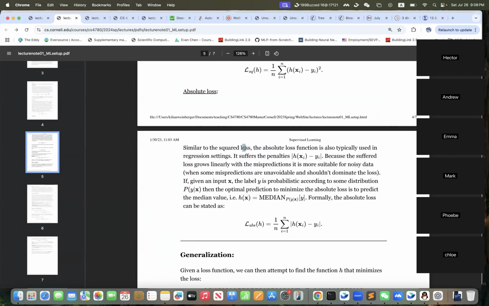Similar to the squared loss, the absolute loss function is also typically used in regression settings. It suffers the penalties |h(x_i) - y_i|, because the suffered loss grows linearly with the mispredictions. It is more suitable for noisy data when some mispredictions are unavoidable and shouldn't dominate the loss.